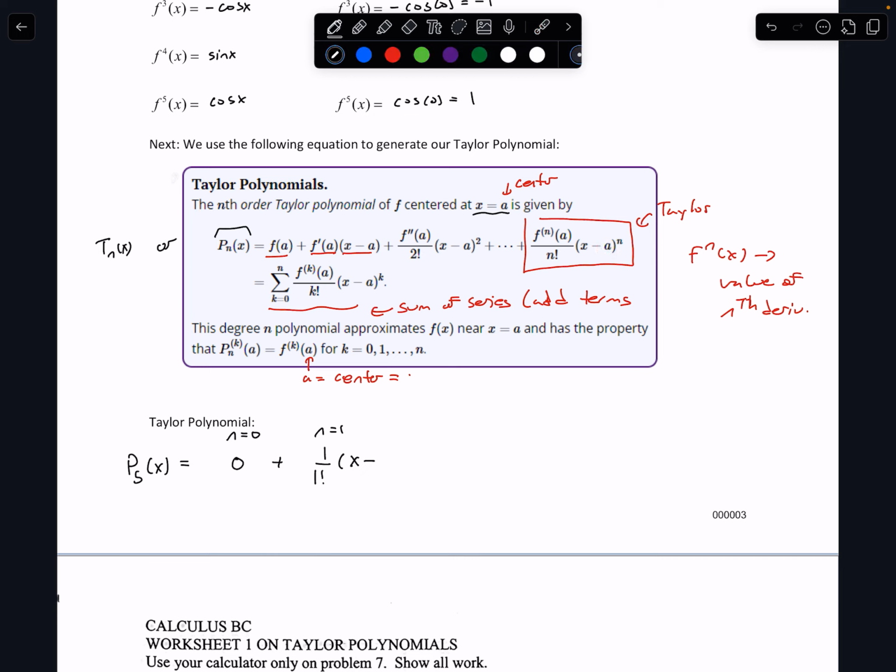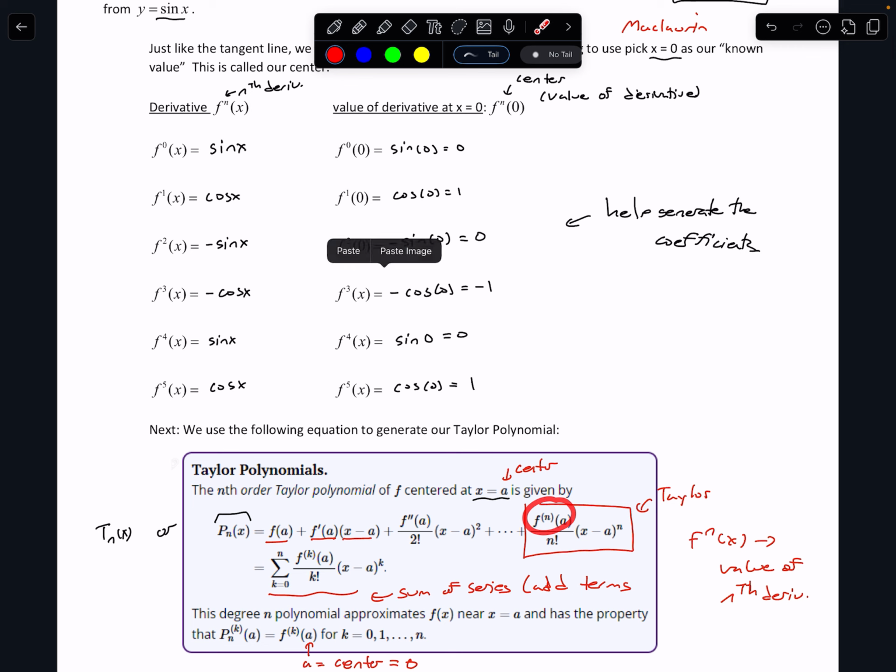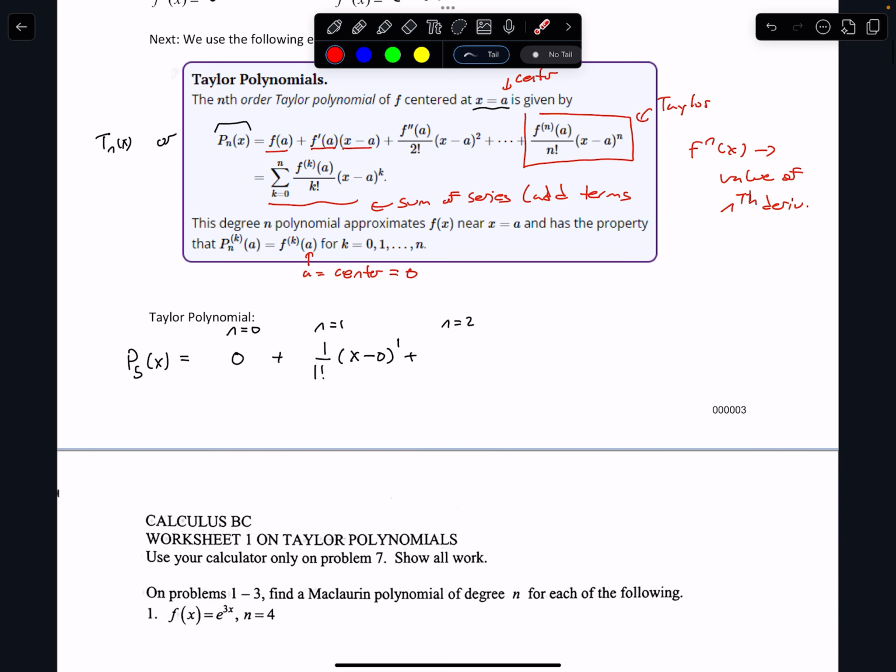Well, a is my center, and we said that the center was 0, to the nth power. So I put a 1 up there. Next, let n be 2. And the value of the second derivative we said was 0, so the whole term just becomes 0 there.